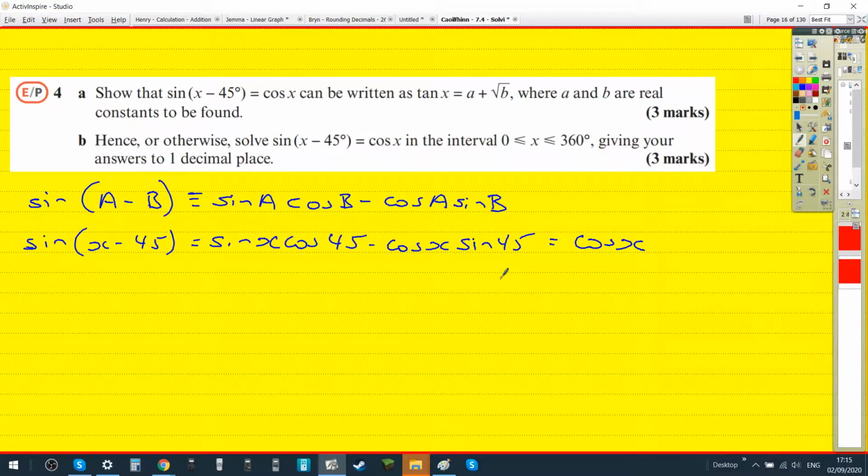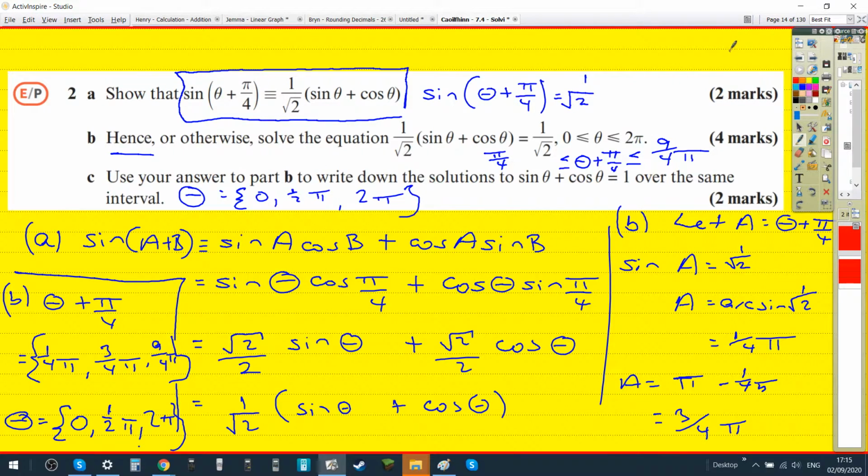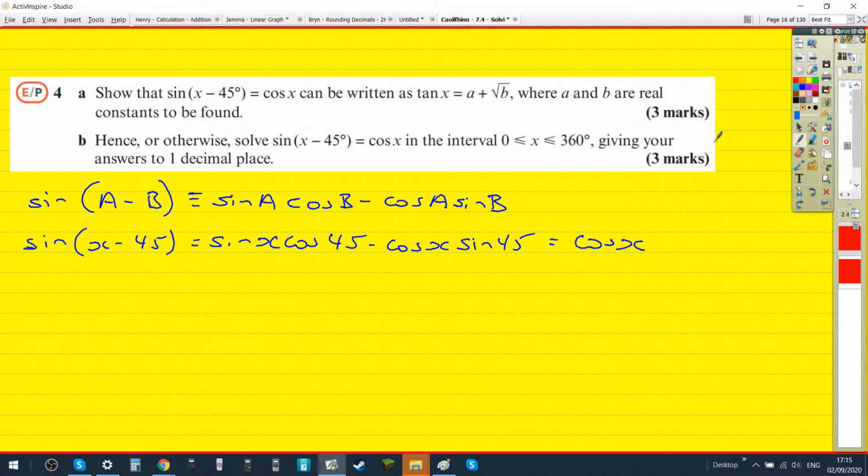There shouldn't be a... But how did you do part A in this one? Subbed into the equation. Oh, then we worked out pi over 4 in the calculator. So now we work out cos 45, which is, we need to be in degrees.